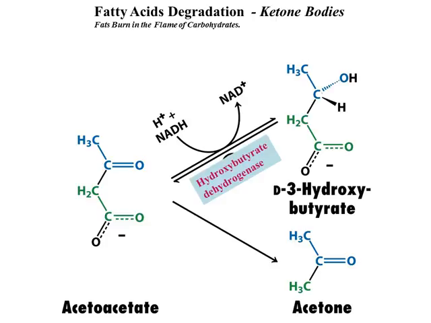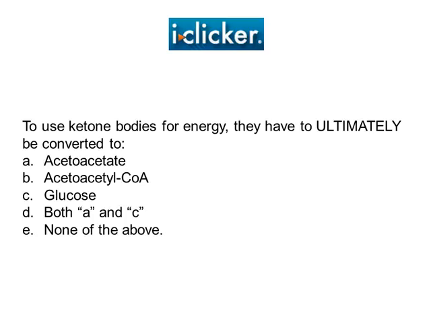Now, the hydroxybutyrate dehydrogenase is the one that gives us the hydroxybutyrate. Okay? Now, as far as energy is concerned, everybody has to go back. All right. So to use ketone bodies for energy, they have to ultimately, and this is the question here, convert to what?